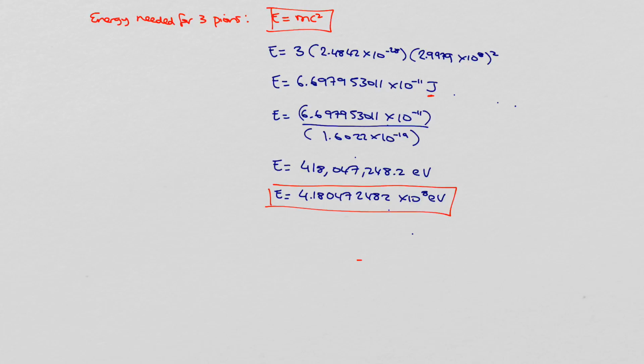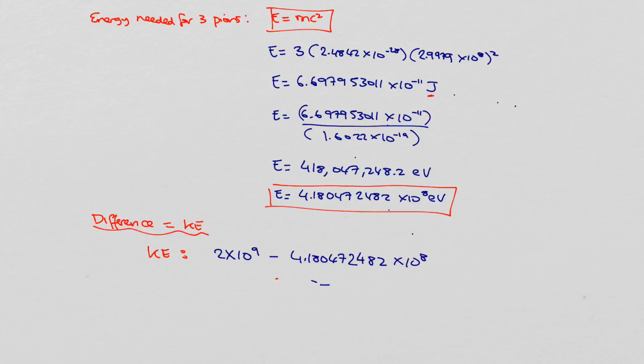So then the difference is going to equal the kinetic energy. So therefore the combined kinetic energy is going to be 2 by 10 to the power of 9 electron volts minus 4.180472482 by 10 to the power of 8.